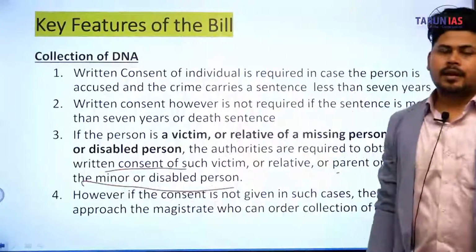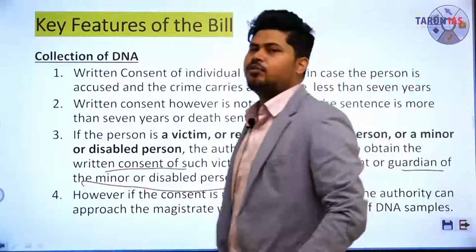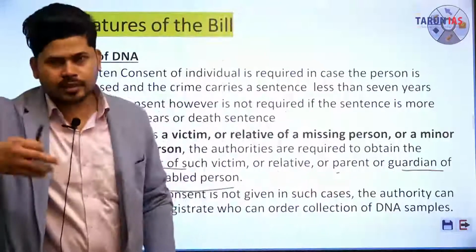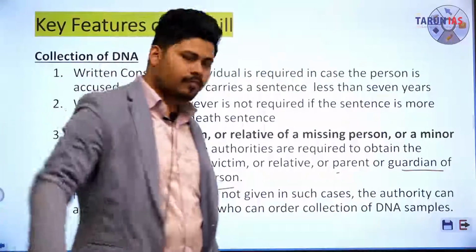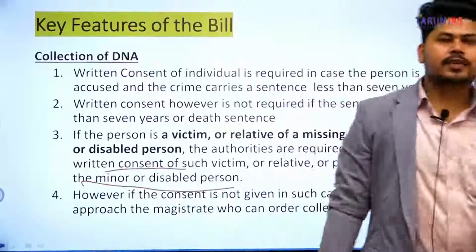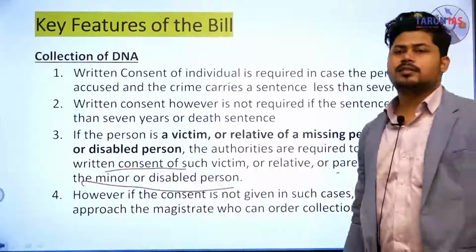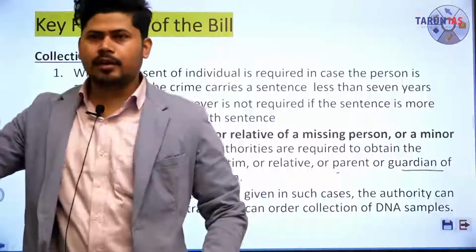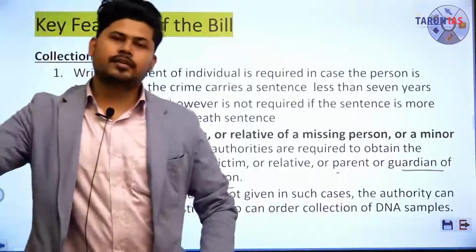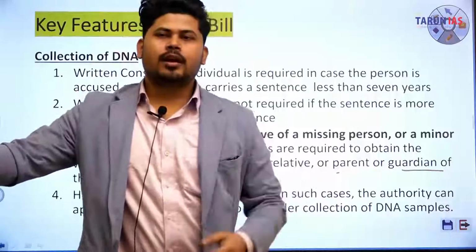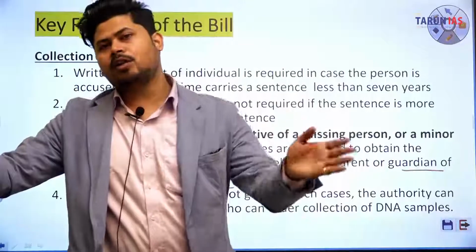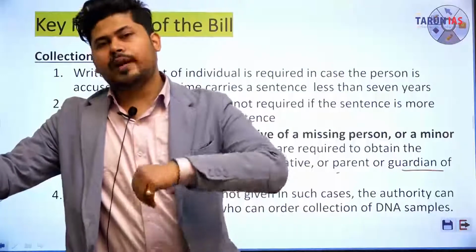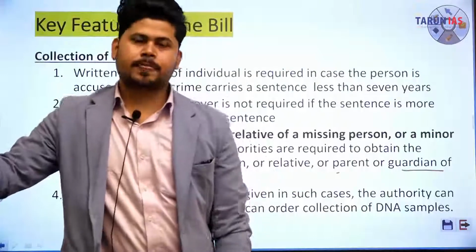That is, for people who cannot express informed consent, consent can be taken from their guardian. However, if written consent is not given in such cases, then the police or the investigating authority can approach courts and a magistrate can order the person to provide his DNA sample for examination.